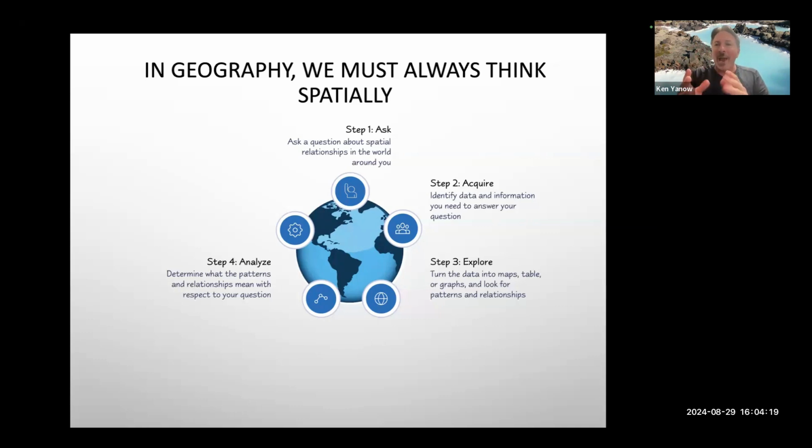Those are questions we ask that have a spatial context associated with them. And then finally, step five is acting. You use the results of your work to educate, to make a decision, to solve a problem. That becomes the scientific additive when we're talking about geography.